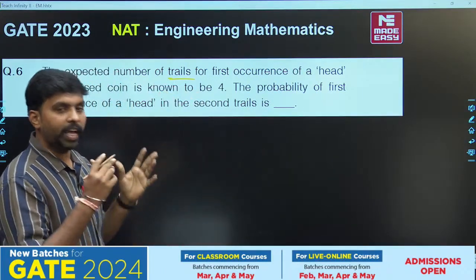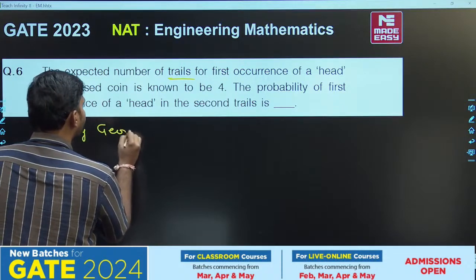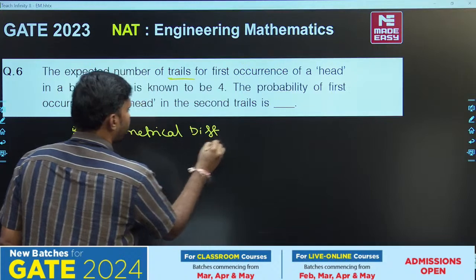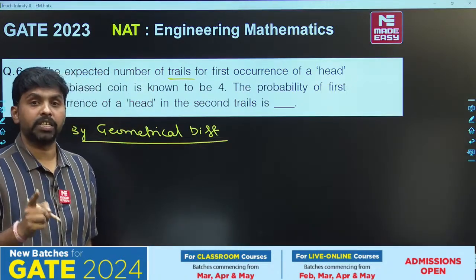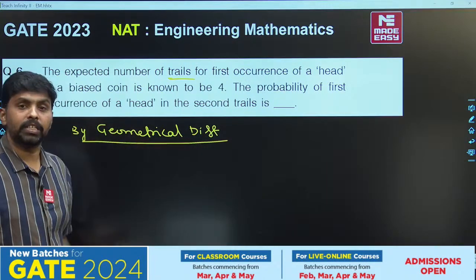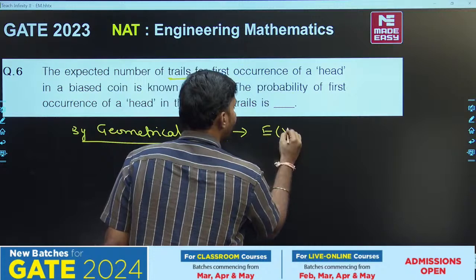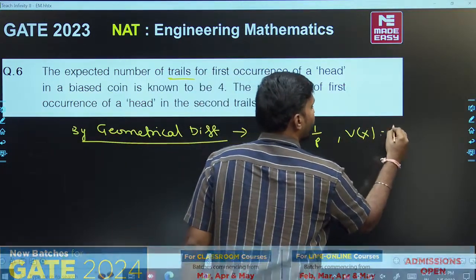So that means there is an experiment, I can say, by geometrical distribution: any experiment that is repeated till we get the first success is considered a geometrical distribution. So according to the geometrical distribution, the mean formula is 1 by p and the variance formula is q by p square.